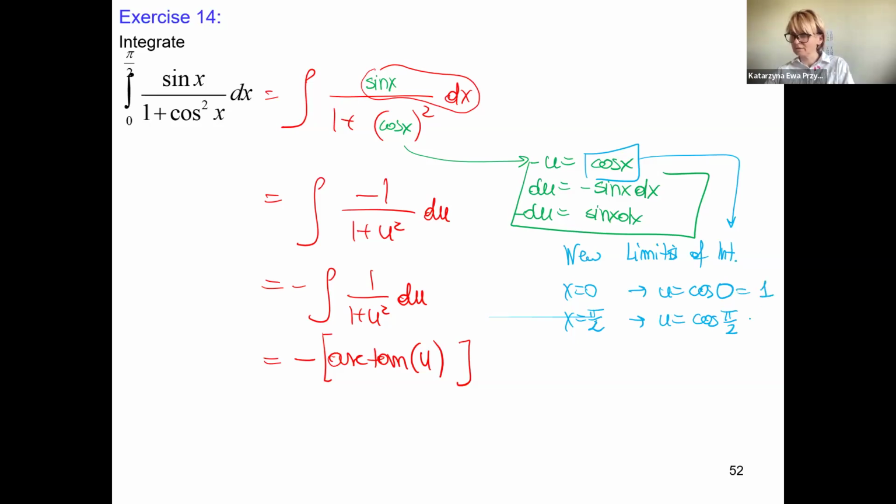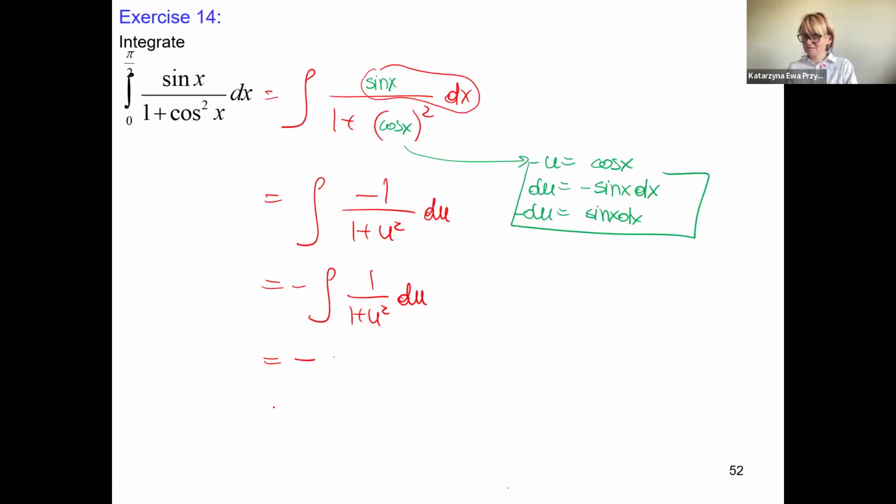Cosine at 0 is 1. Cosine at pi over 2, actually 0. So we have from 1 to 0, from 1 to 0. If we switch the limits of integration to 0 to 1, this will be the opposite sign, positive. Something is not good. This sometimes misbehaves. Okay. From 1 to 0, we had it, right?